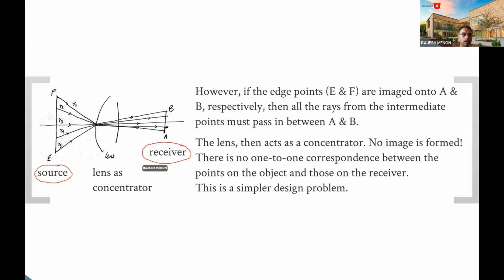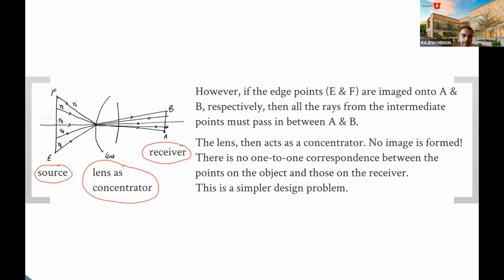And now I'm going to say, let's consider the lens as a concentrator, or a device that transfers power density, energy density, or irradiance from the source to a receiver. Now, let's try to understand what that statement means.